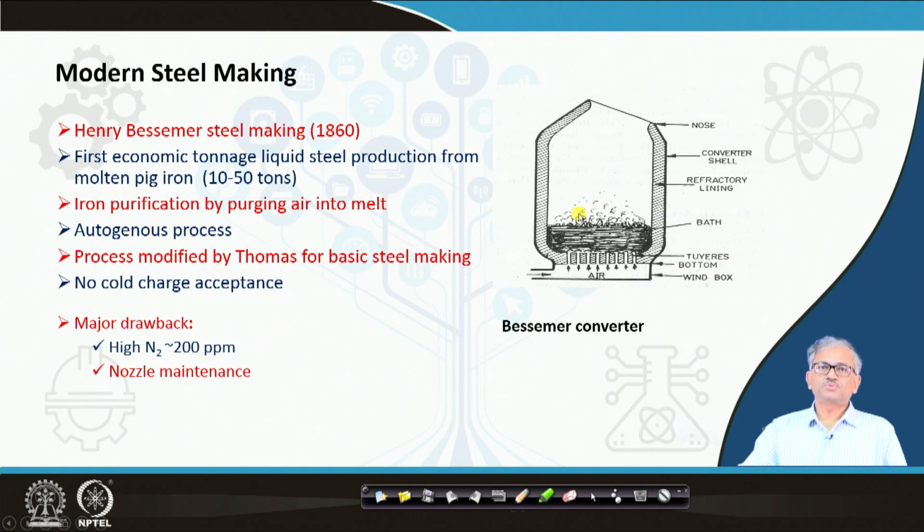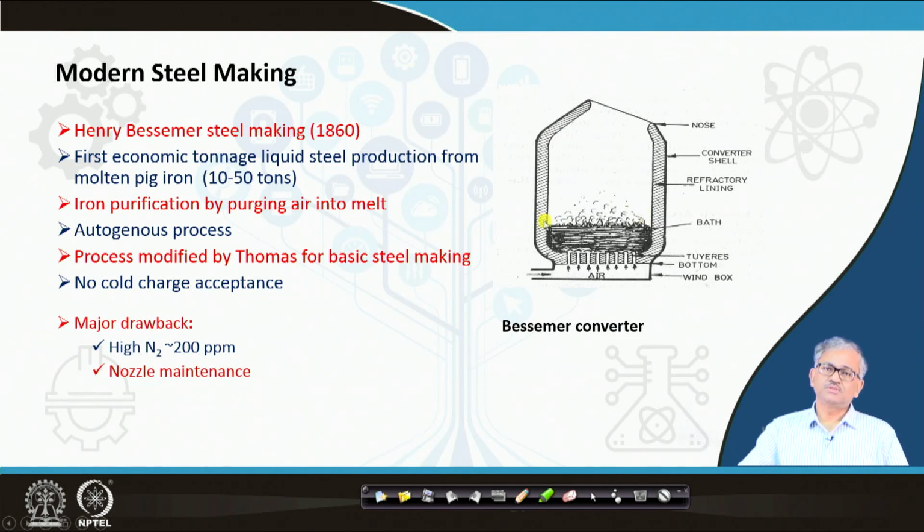But initially phosphorus removal was not possible, because you cannot remove phosphorus preferentially unless you make the slag basic. That is why Thomas modified this process for basic steelmaking. Basically, make the lining basic and also use lime, such that you can reduce the phosphorus content significantly, right? Before that, the Bessemer process was an acid process.